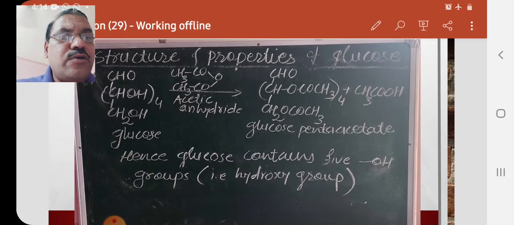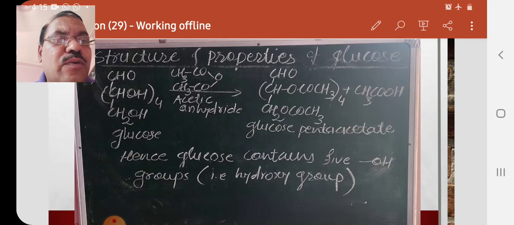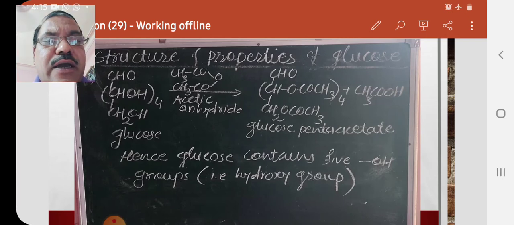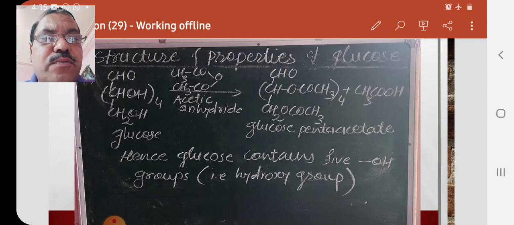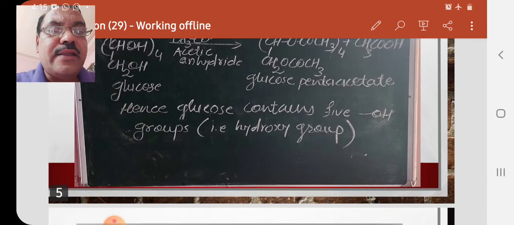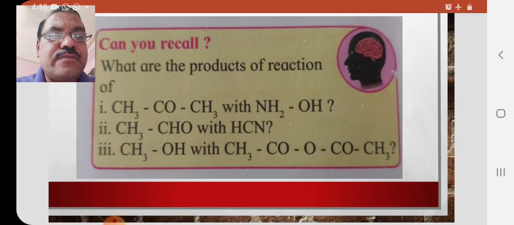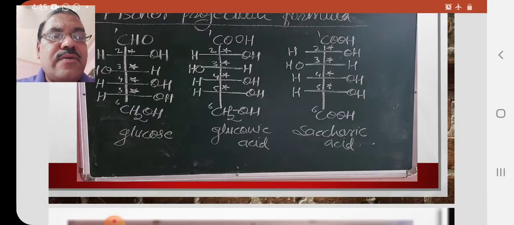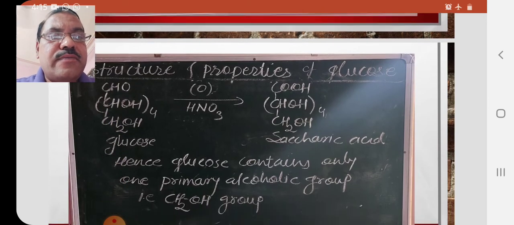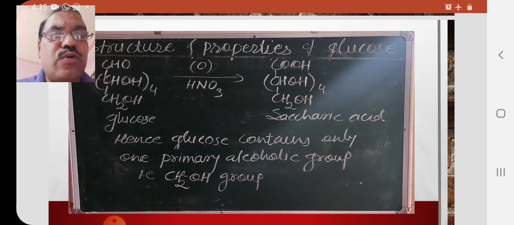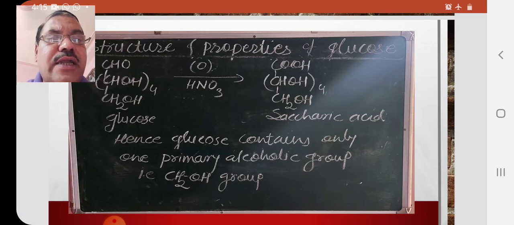Out of the 5 hydroxy groups, 4 hydroxy groups are secondary alcoholic groups, whereas only one OH group is a primary alcoholic group. That is, you can see in the structure of glucose there is one CH2OH group. CH2OH is a primary alcoholic group. So to determine the primary alcoholic group, this is the reaction when glucose is oxidized with nitric acid.